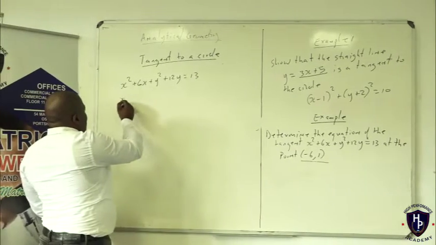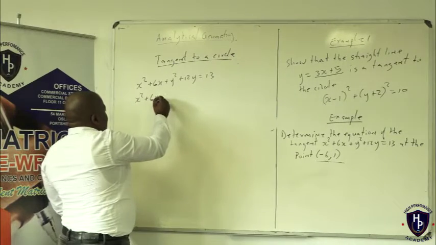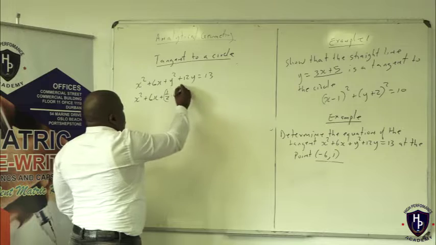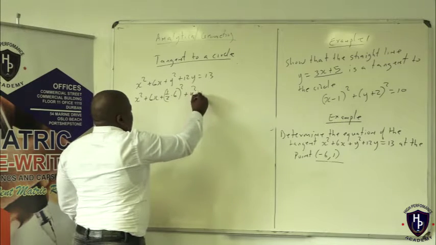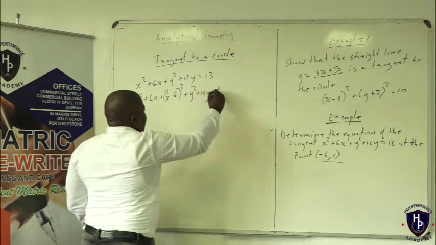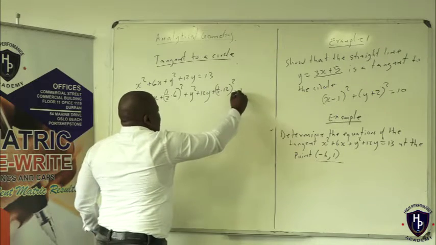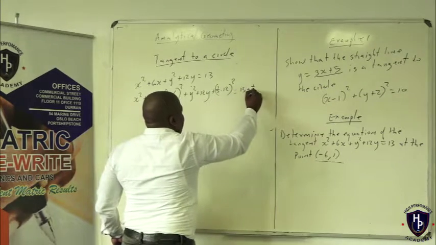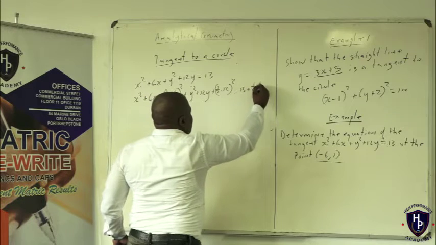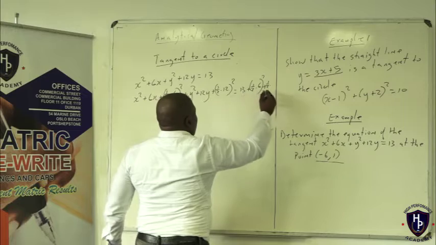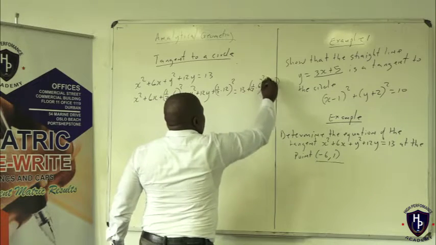So x squared plus 6x plus half the coefficient of x, which is 6, squared, plus y squared plus 12y plus half the coefficient of y, which is 12, squared, equal to 13 plus half of 6 all squared plus half of 12 all squared.